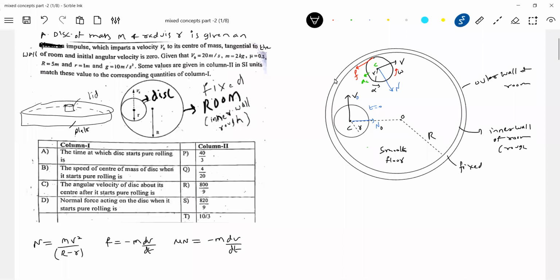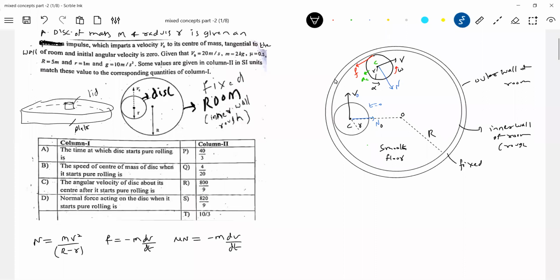So mu m v square by (R minus r) equals minus m dv by dt. Let's solve for v.